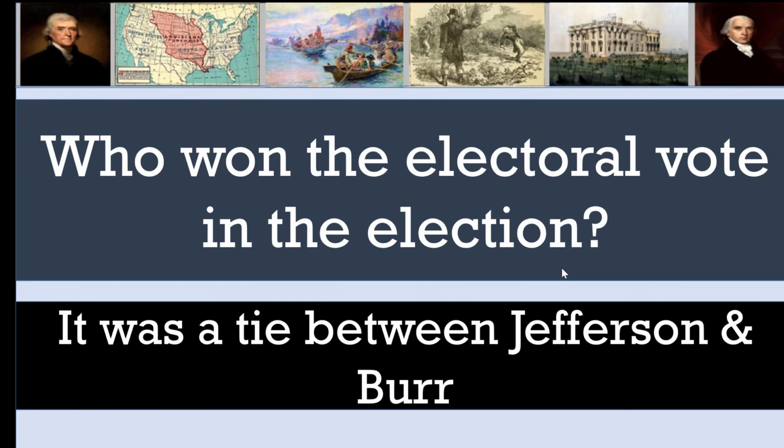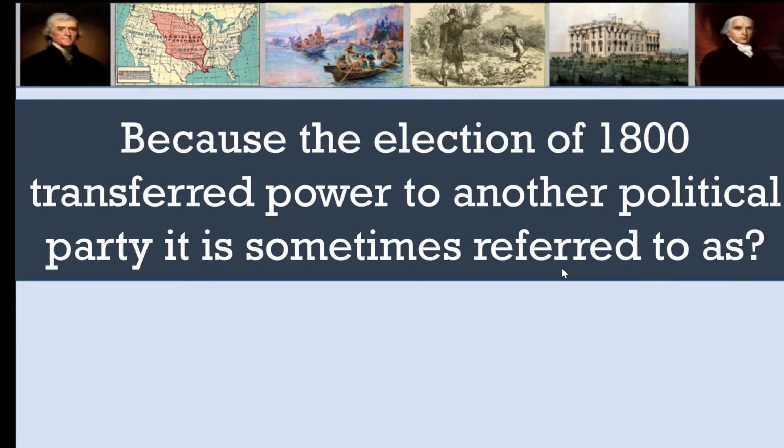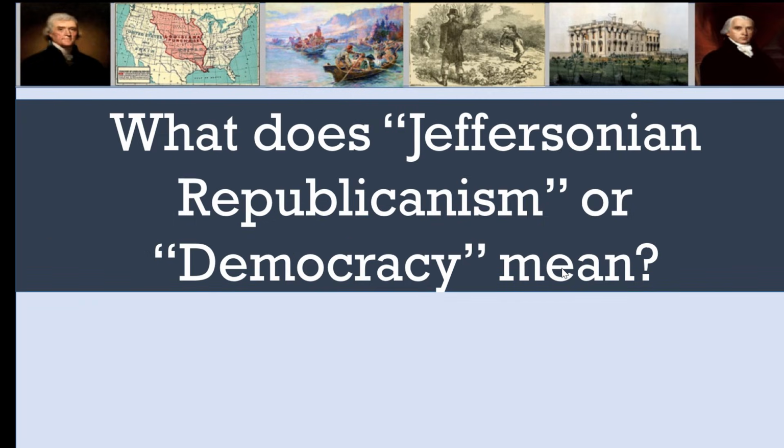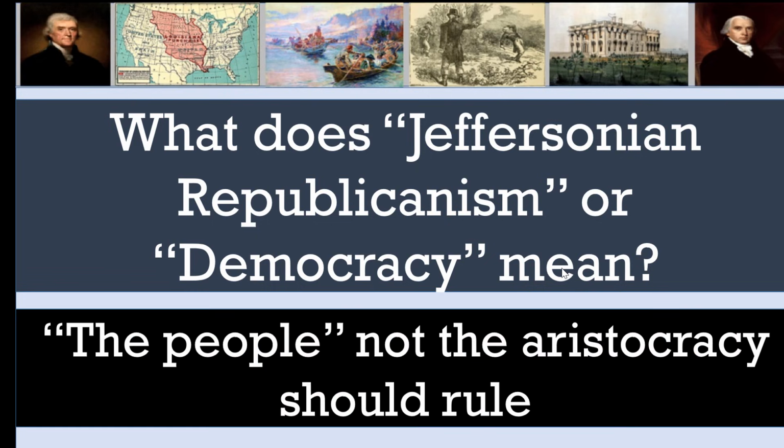It was a tie between Jefferson and Burr. Because the election of 1800 transferred power to another political party, it is sometimes referred to as the Revolution of 1800. What does Jeffersonian Republicanism or democracy mean? It means that the people, not the aristocracy, should rule.